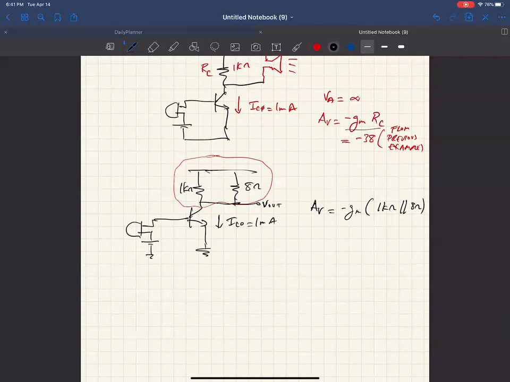You can basically ignore the 1 K ohm since it's in parallel with 8 ohms.